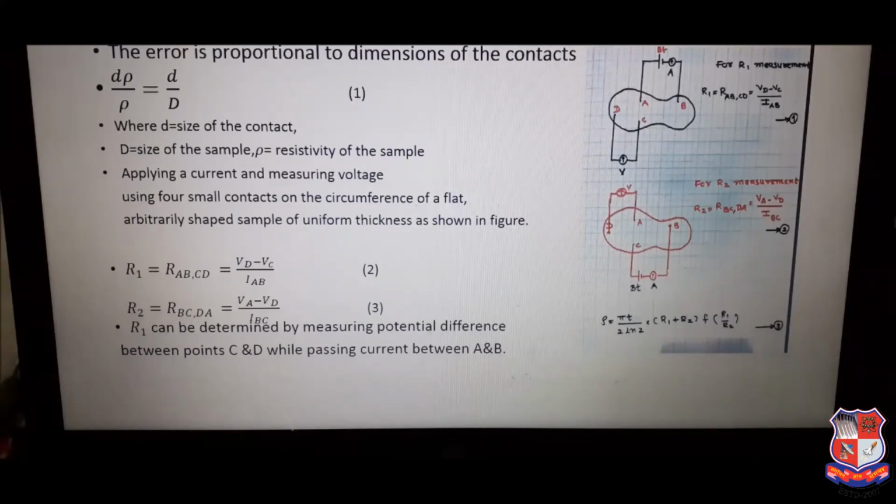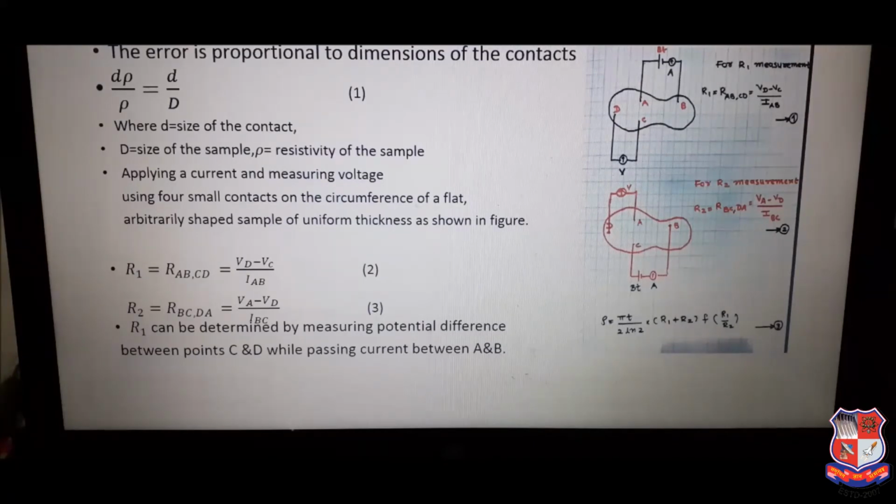And from Ohm's law, you know that the resistance will be proportional to voltage and inversely proportional to current. So simply R is equal to V by I. It is very simple. We are just changing the form because there are 4 contacts.